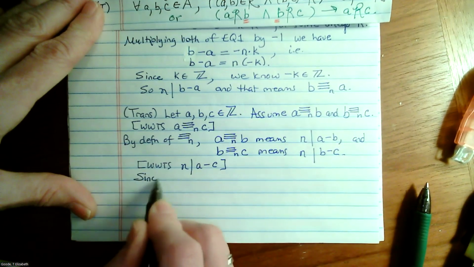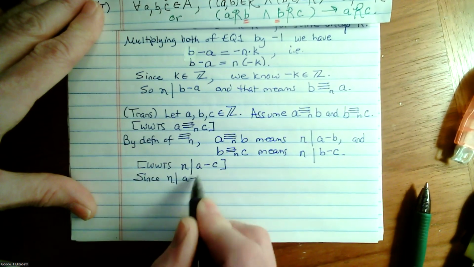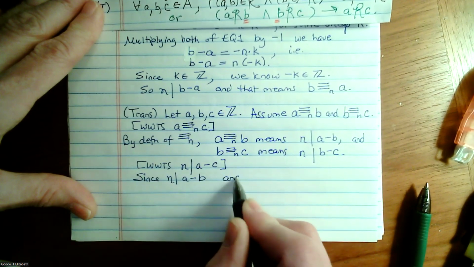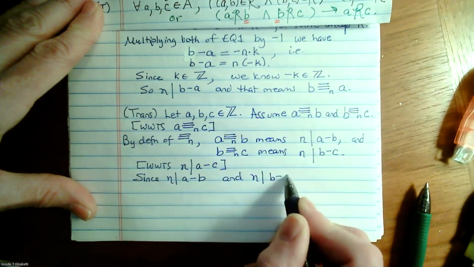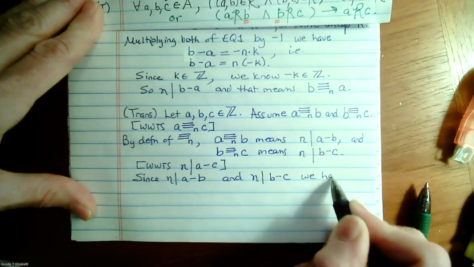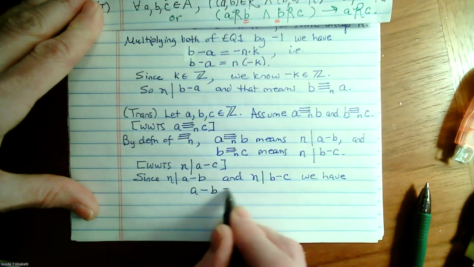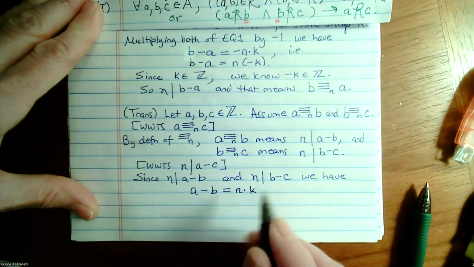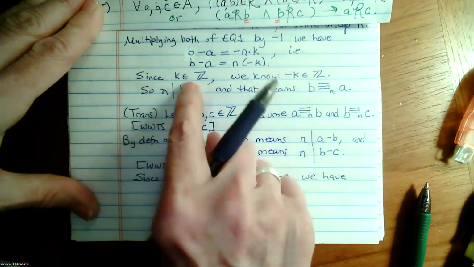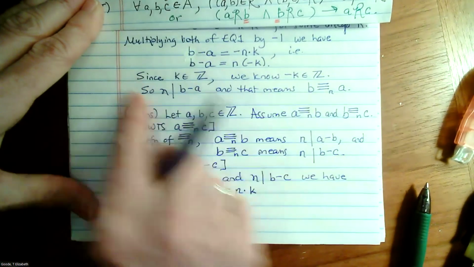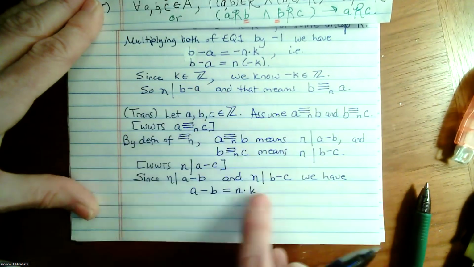Well, we've got these 2 pieces of information, and they yield equations. So let's use those. Since N divides A minus B and N divides B minus C, we have, and I'm going to write them underneath each other, A minus B equals N times K. We can use K again because this was like a little mini proof, almost like proof by cases. That K is done. We can reuse it.